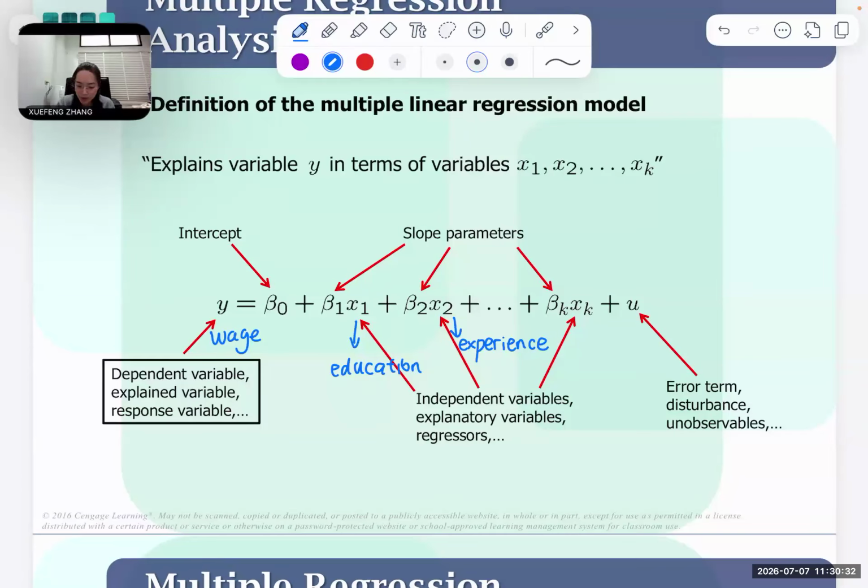So actually, beta 1 tells us the effect of one more year of education on wage for people with the same experience level, okay? That's something simple regression could never isolate on its own.